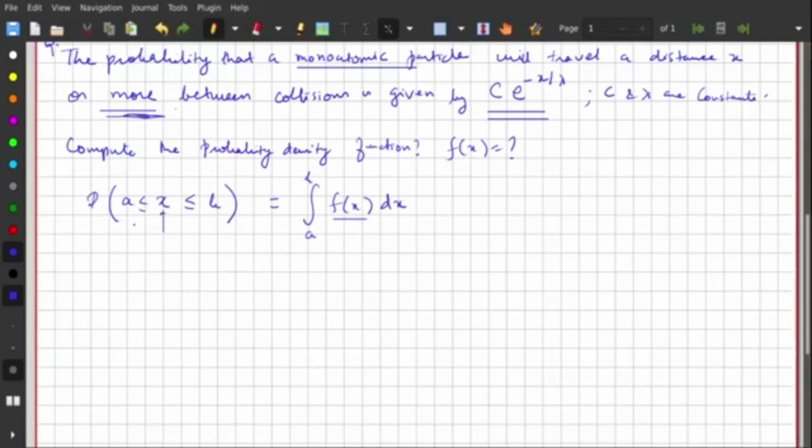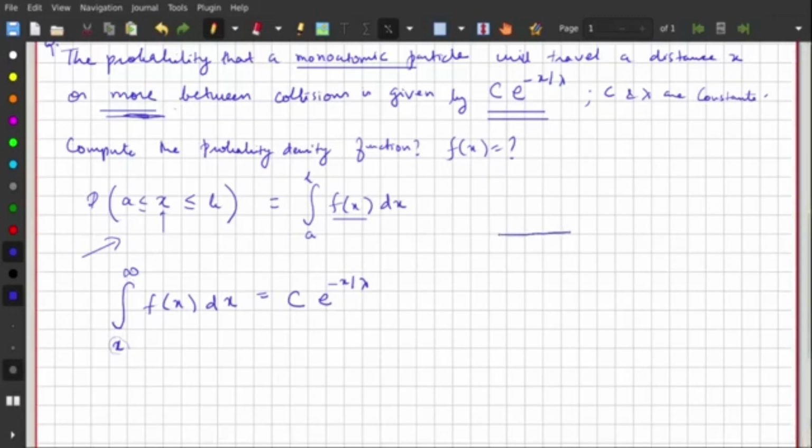If you translate using this idea, this gives us the integral from x to infinity of f(x) dx equal to c e^(-x/lambda). That needs to be clear, because it's greater than or equal to x, and the maximum x can go is unbounded in the upper limit, so it can go up to infinity.